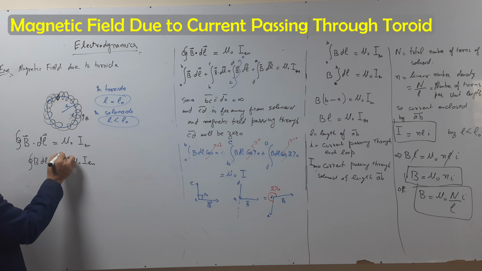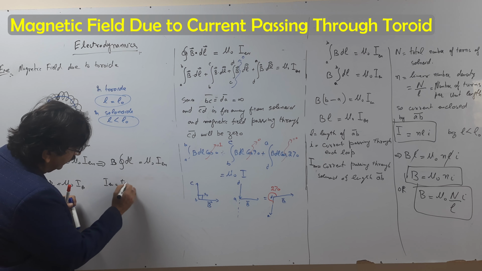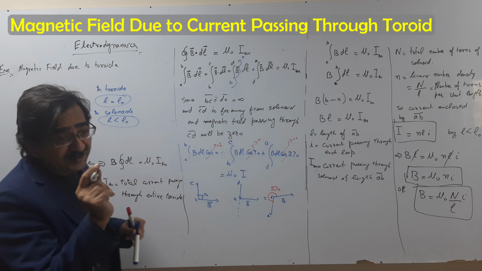So B times 2 pi r equals mu naught I. But here I enclosed is the total current passing through the entire toroid.